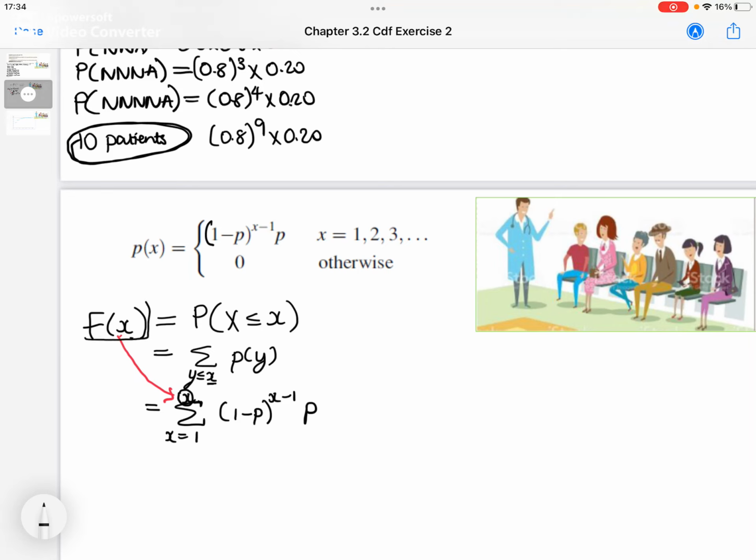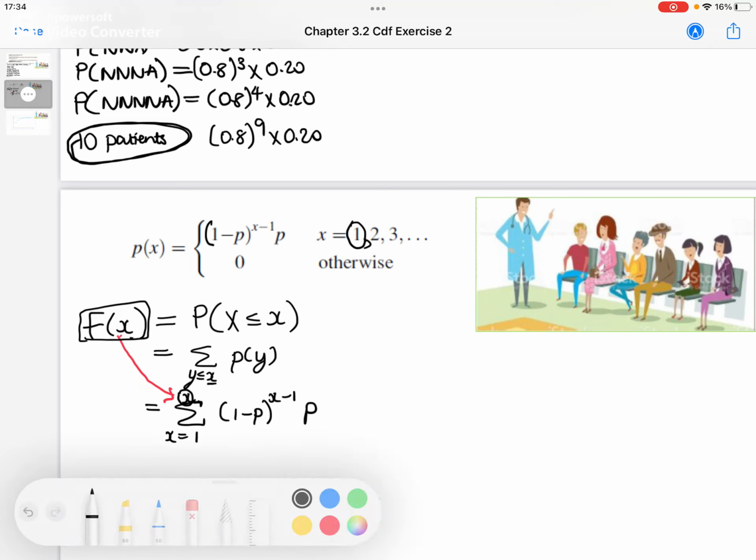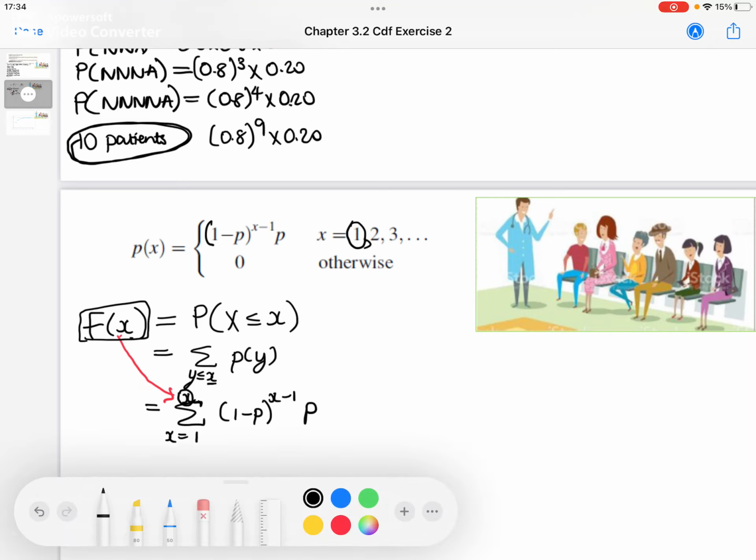No. So this x, remember, can take on any possible value from 1 onwards. And so we need to get a general formula that gives us the probability of observing at most x, right? And we know that the minimum value is 1, and it could go up to some maximum large value, even infinity, all right?